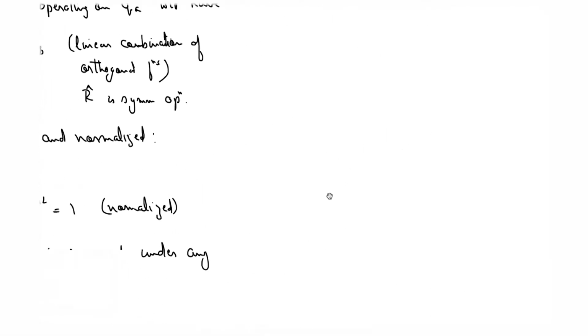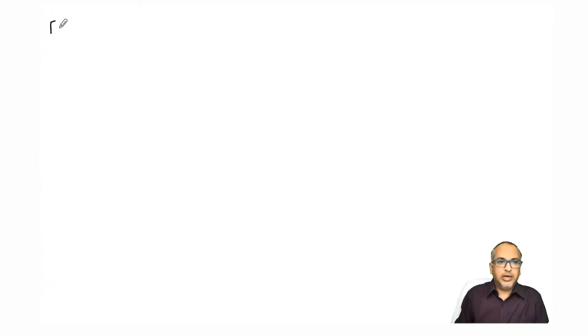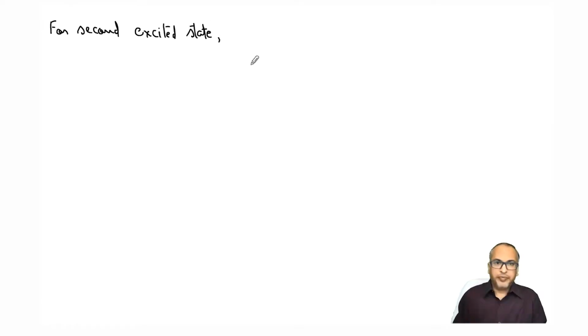So now let's look at what happens to the second excited state. Let's calculate for the second excited state, psi 2. Now we have 4q² minus 2. This is coming from the Hermite polynomial, and the exponential component is e^(-αq²/2), right?